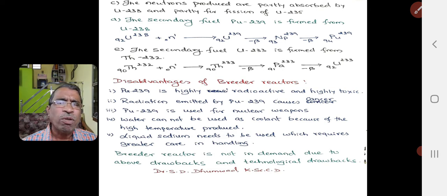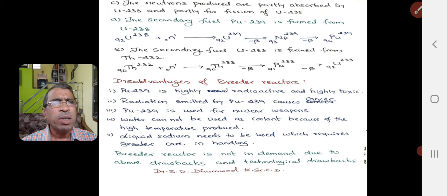The fast neutrons that are produced hit the uranium-238 and turn it into uranium-239, whose half-life is very short, and it further emits a beta particle and forms neptunium-239, which further emits a beta particle to form plutonium-239.